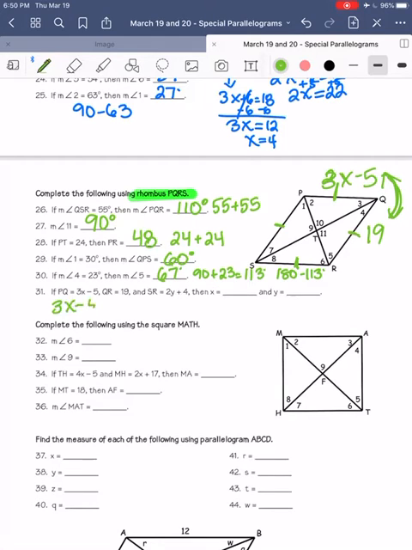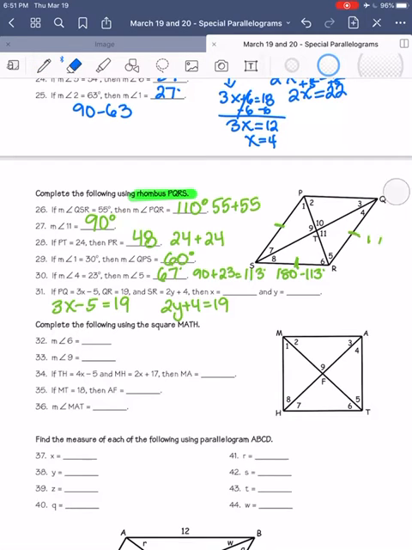Okay, so we're going to put 3x minus 5 equal to 19, and then we're also going to do the same thing, 2y plus 4 equals 19. So we can set them equal to the same thing because all sides are congruent. Okay. And so now let's solve those. So we're going to add 5 and subtract 4.